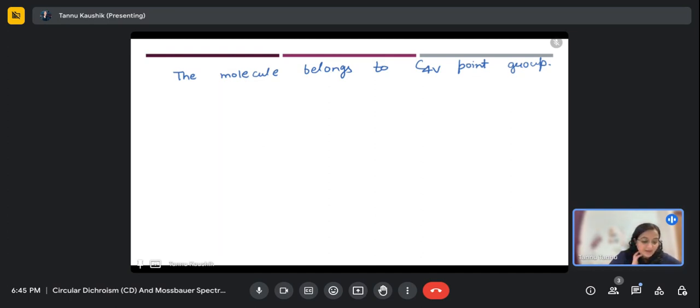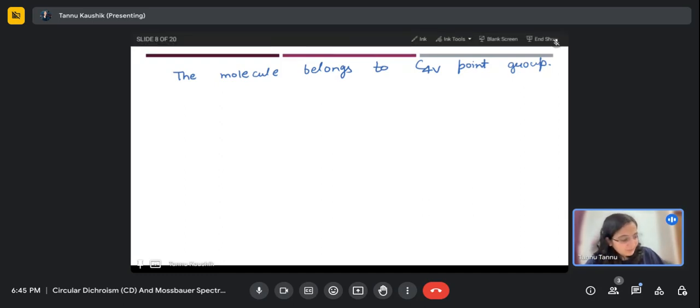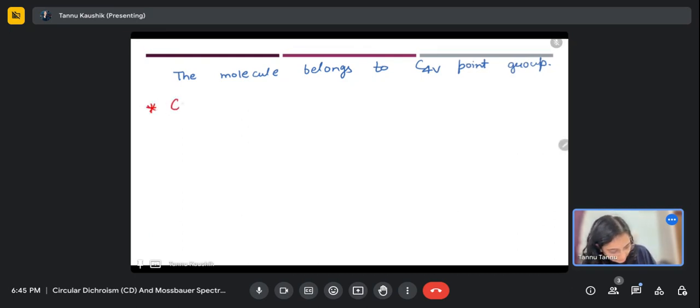Okay, and here I forgot to mention this new concept taught in the main lecture, which is that of chirality. So let me mention which molecule is chiral and which molecule is not. I'm just summarizing it here. Concept of chirality.